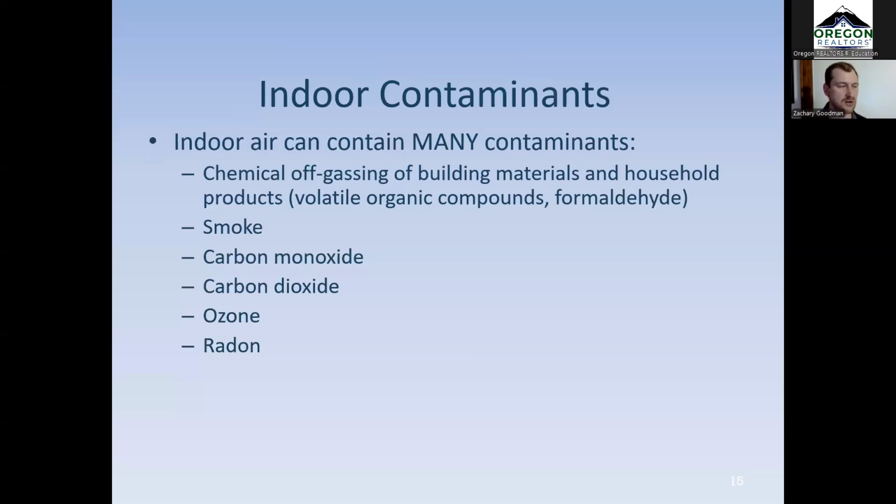So when we look at indoor air and indoor air contaminants, we are actually looking at several other things besides mold, and including mold. We look at things like chemical off-gassing from building materials and household products. These can include things like volatile organic compounds or formaldehyde. We look at things like smoke, carbon monoxide, carbon dioxide. We look at things like ozone and radon.